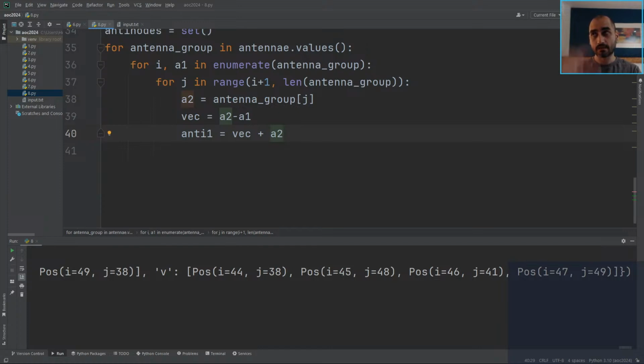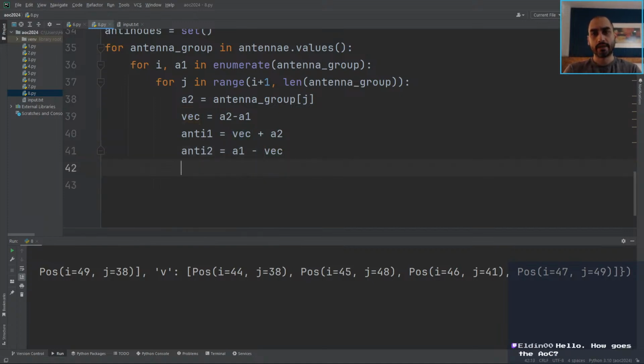Adding it again gets one more unit of vec away, so that should be twice the distance from A1 as it is from A2. And anti-node 2 equals A1 minus vec.